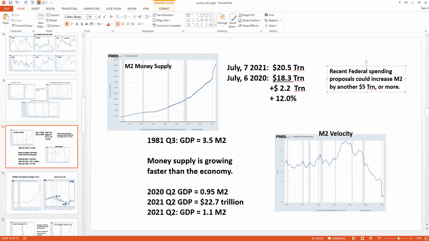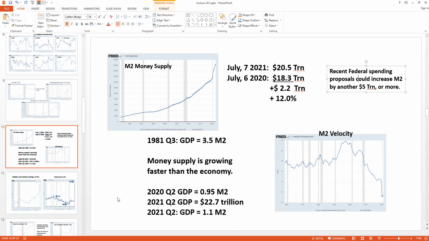And lo and behold, in the second quarter of 2020, the GDP, instead of being 3.5 times the size of the money supply, was slightly smaller, just about 1 times money supply. And more recently, it was 1.2 times money supply.